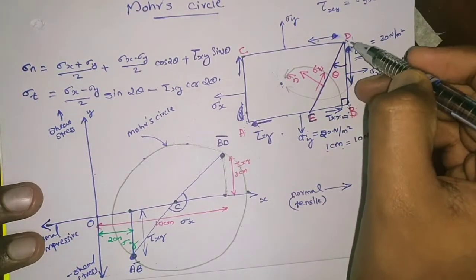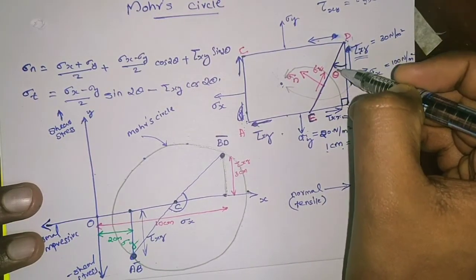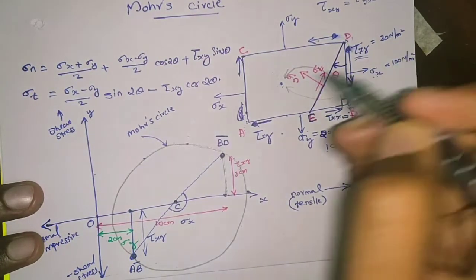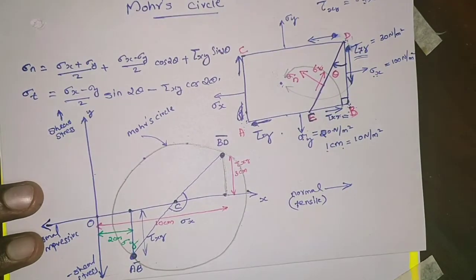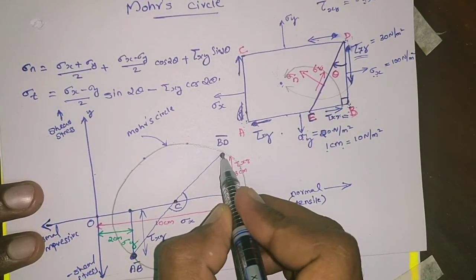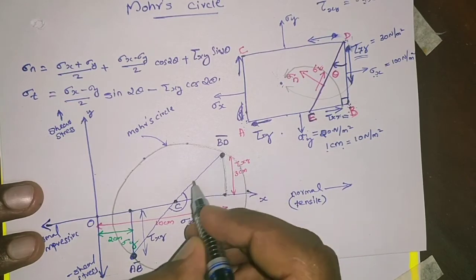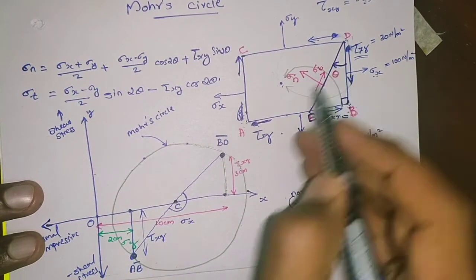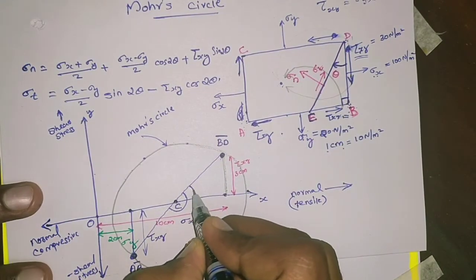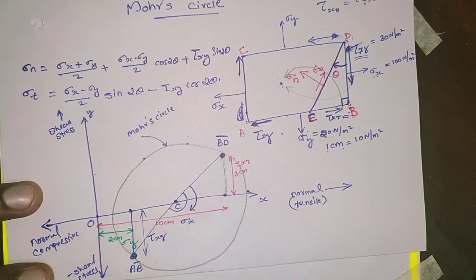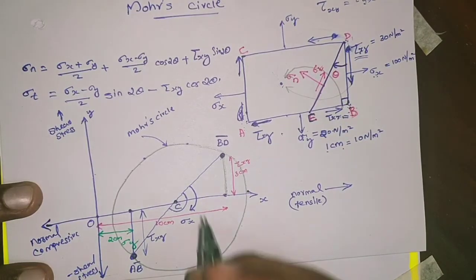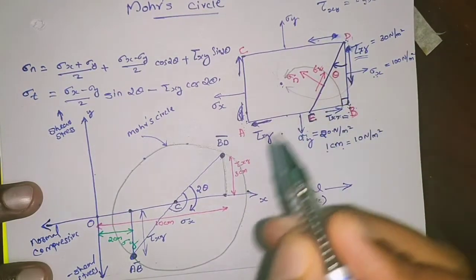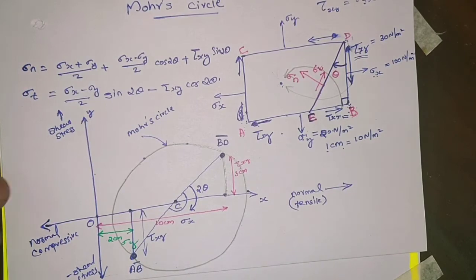So here the BD is rotated by an angle theta in clockwise direction to get this DE plane. So to represent this DE plane from the BD, we should move in clockwise direction, because here it is clockwise, by an angle 2 theta. Here it is theta, but here it is doubled and it is 2 theta.